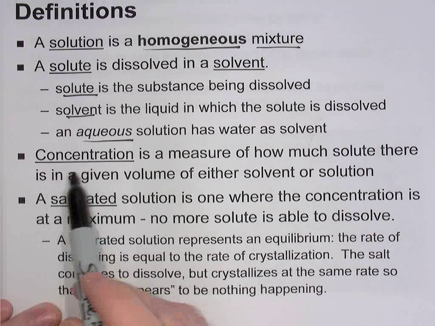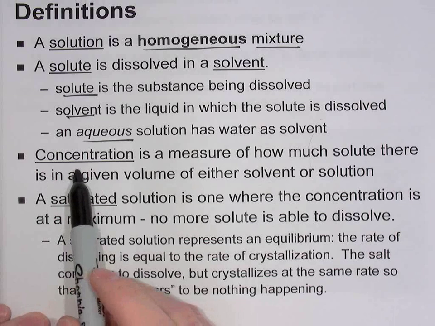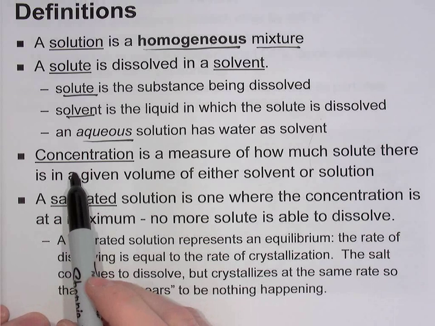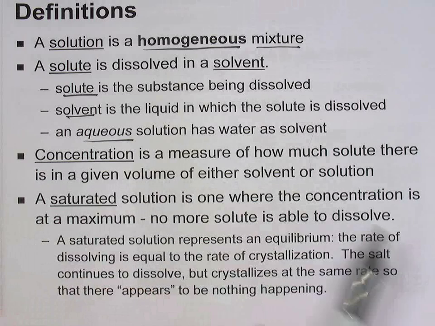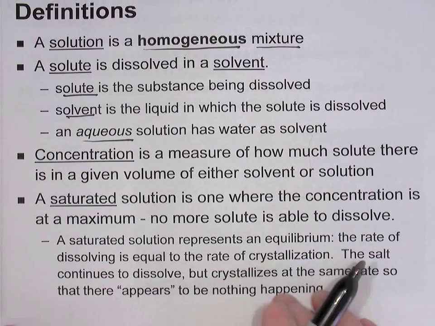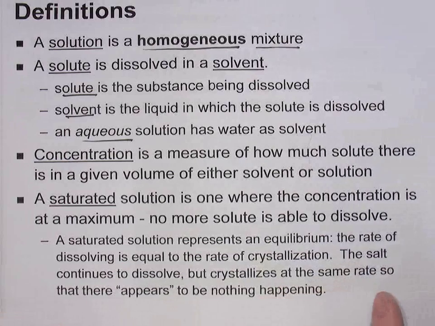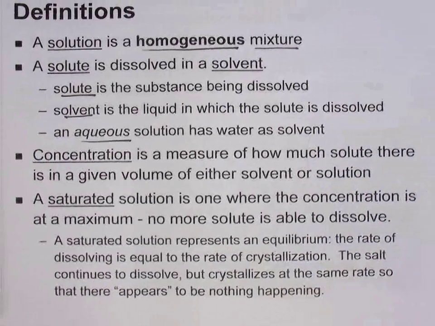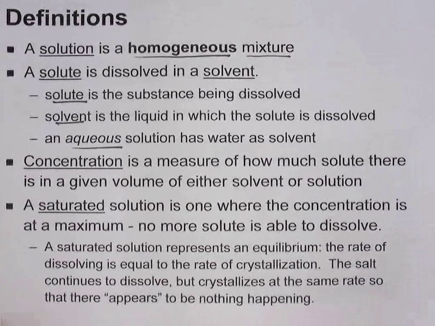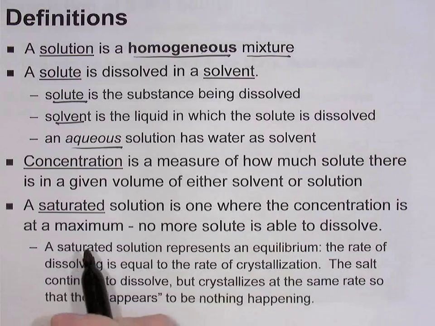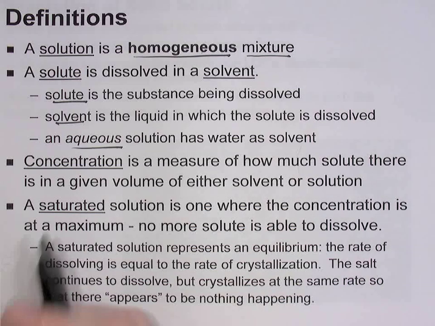Once you've dissolved your solute, you've made your solution, you may want to talk about the concentration of the solution. Your concentration is a measurement of how much solute there is in a given volume of either the solvent or of the solution. In our Grade 9 class last year, we kept referring to concentrations in terms of grams of solute per 100 milliliters of solvent.